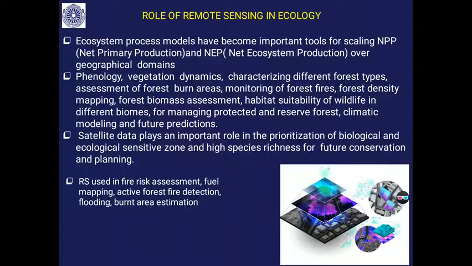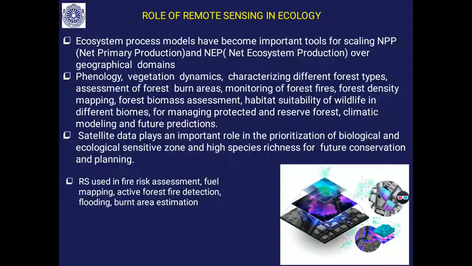Phenology, vegetation dynamics, characterizing different forest types, assessment of forest burn areas, monitoring of forest fires, forest density mapping, forest biomass assessment, habitat suitability of wildlife in different biomes, managing protected and reserve forests, climatic modeling, future predictions.